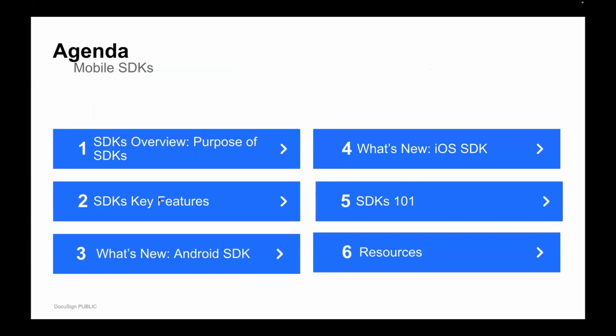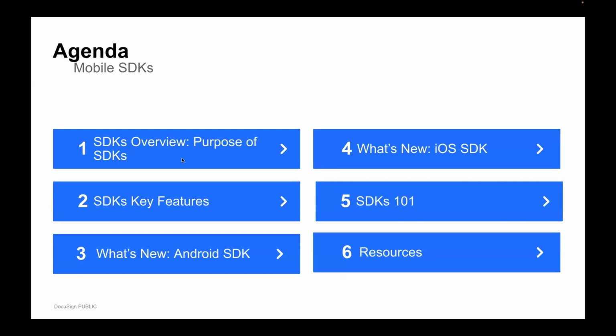Thank you, Melissa. Hi, everyone. In today's agenda, we'll go over the following topics. Initially, we'll get started with the SDK overview and the various benefits of SDKs. Then we'll cover the key features of SDKs, and the latest updates in both the Android and iOS SDKs.